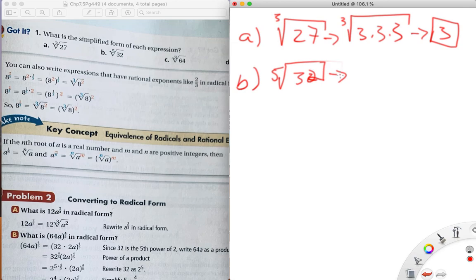Yep. So 2 times 2 times 2 times 2 times 2. So then the 5th root of 32 is 2.